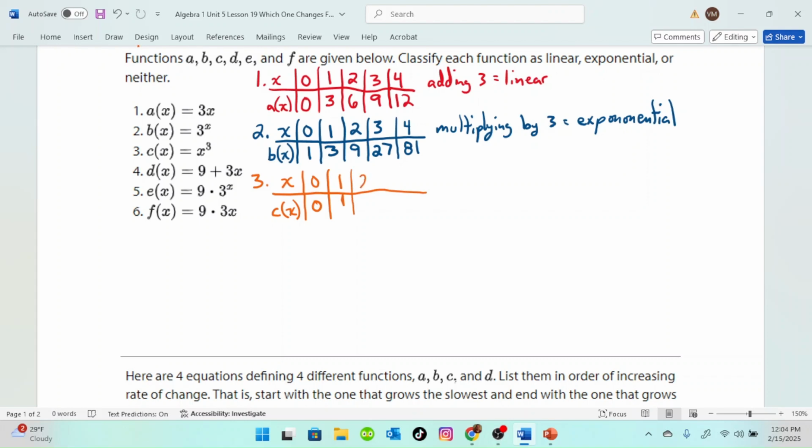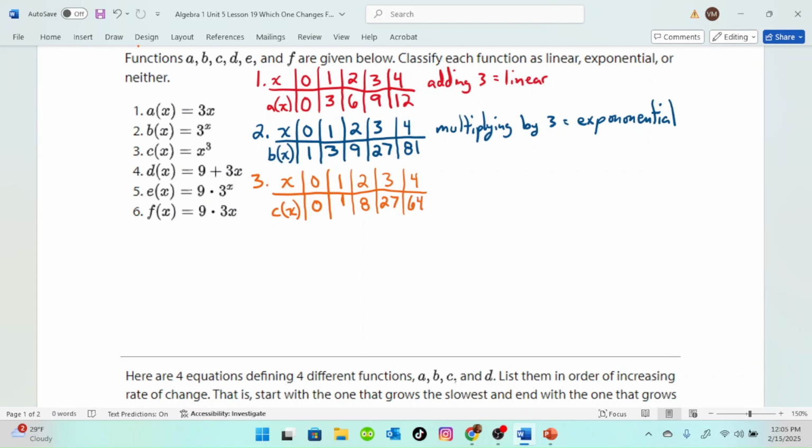If x were 2, then 2 cubed, 2 times 2 is 4, times 2 is 8. If x were 3, then 3 cubed, 3 times 3 is 9, times 3 is 27. And if x were 4, 4 times 4 is 16, times 4 is 64.